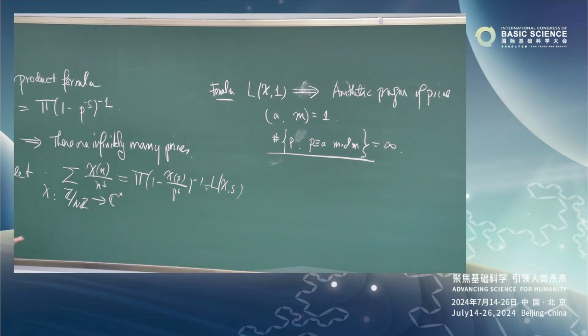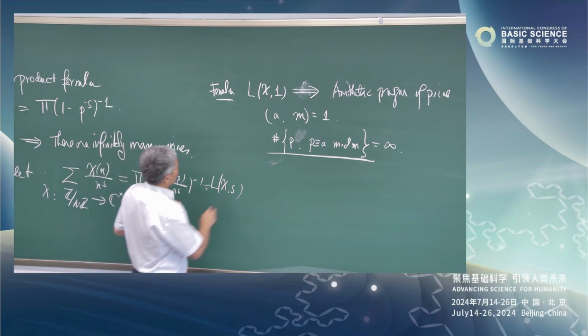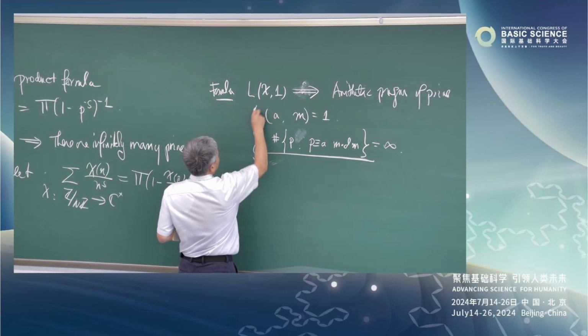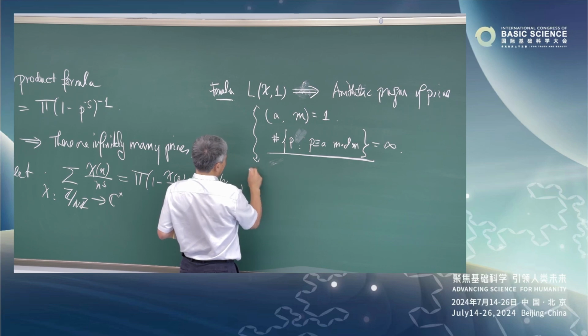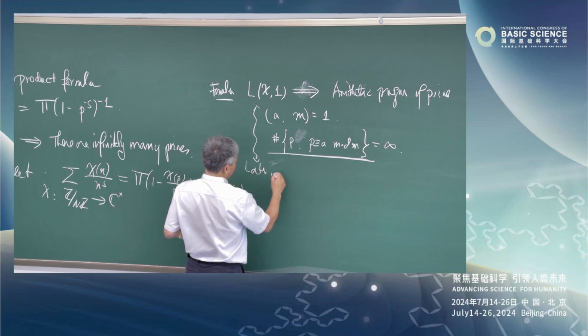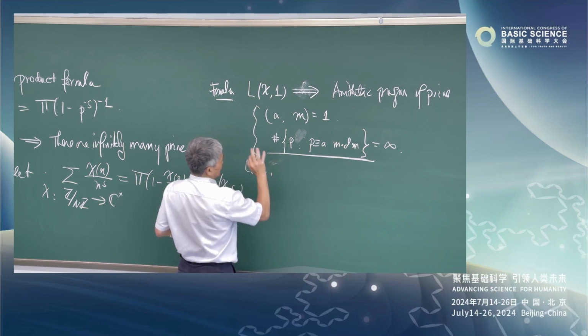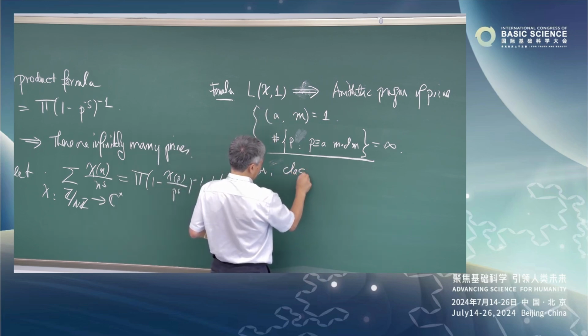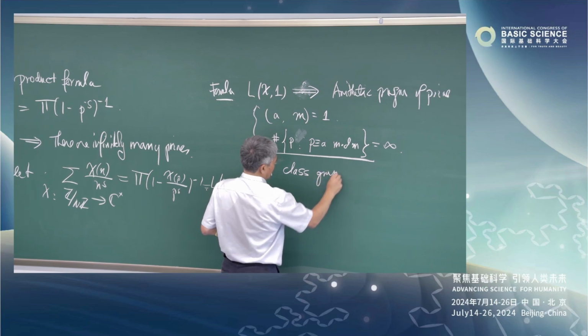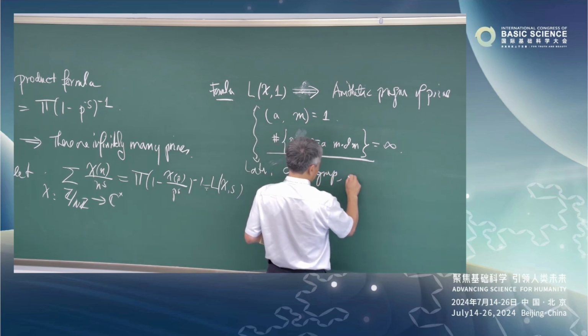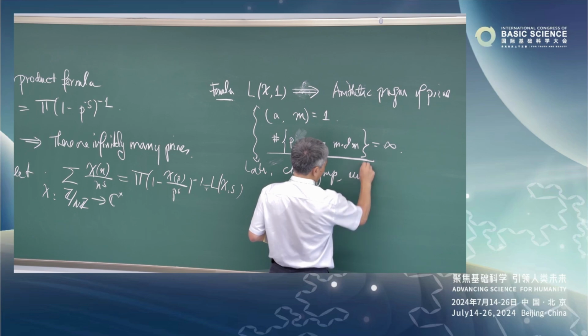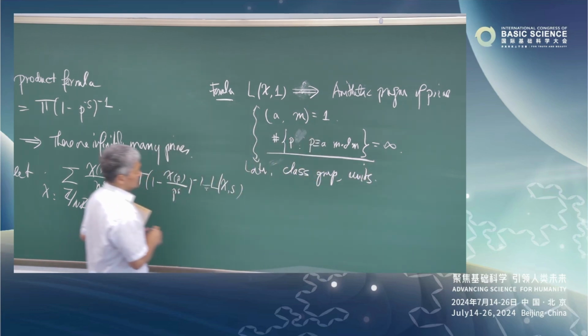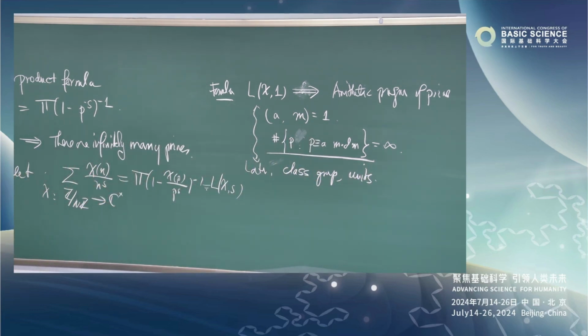Not only that, this formula also gives not only non-vanishing, the formula also gives you the class group and the units. It has provided one of the most important tools to study modern number theory.